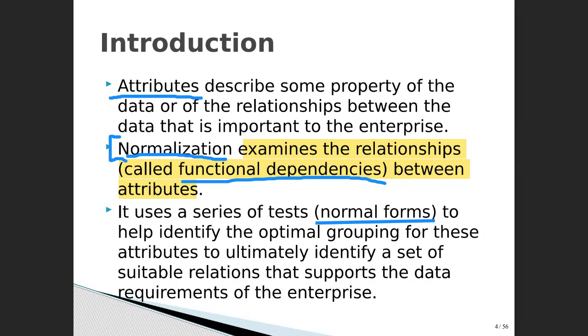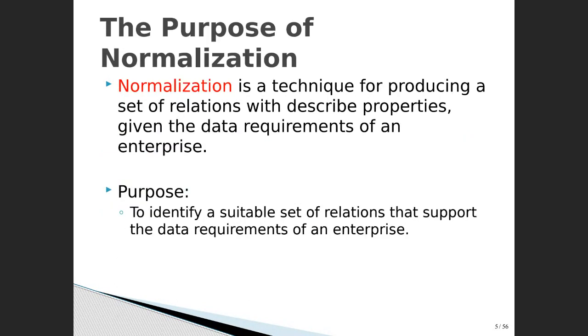If there is any duplicated data, we will separate it from the base relation into new relations, because at the end of the day we need normalized relations with no repeating groups and no redundant data. Otherwise, there will be problems if we have repeating groups.